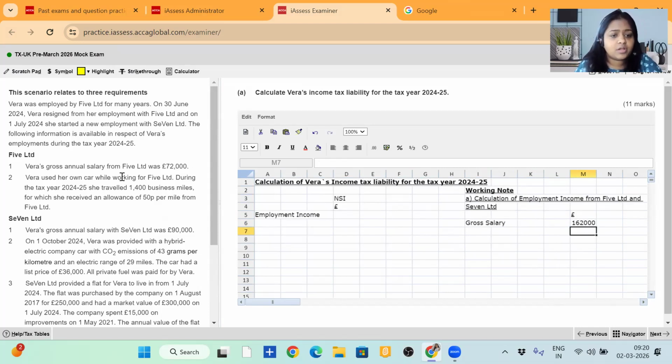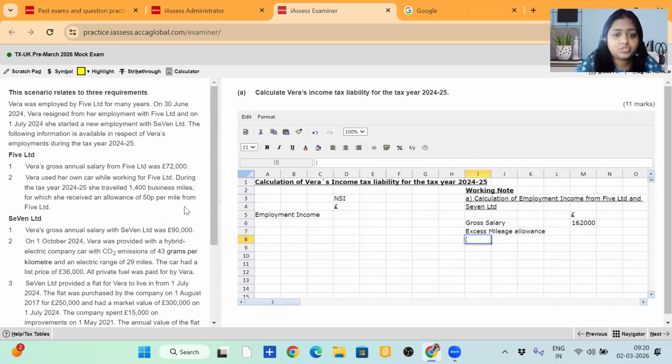Vera used her own car while working for 5 Limited. During the tax year 24-25, she traveled 1,400 business miles, for which she received an allowance of 50 pence per mile. So she has got excess mileage allowance, because allowed here would be 45 pence. She is allowed 50 pence. So we will add the excess mileage allowance.